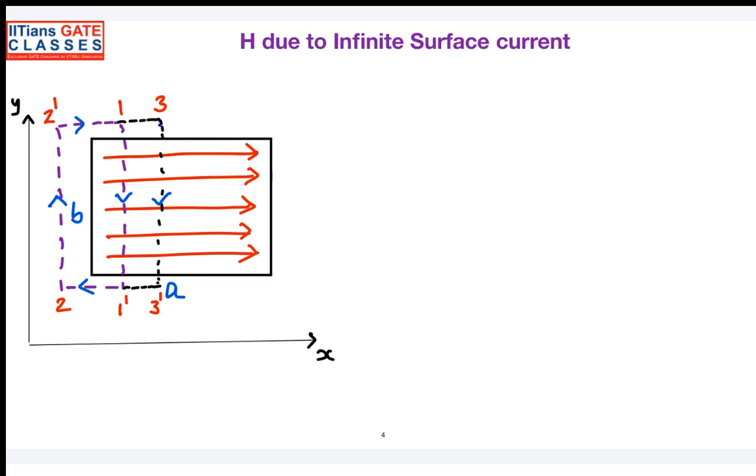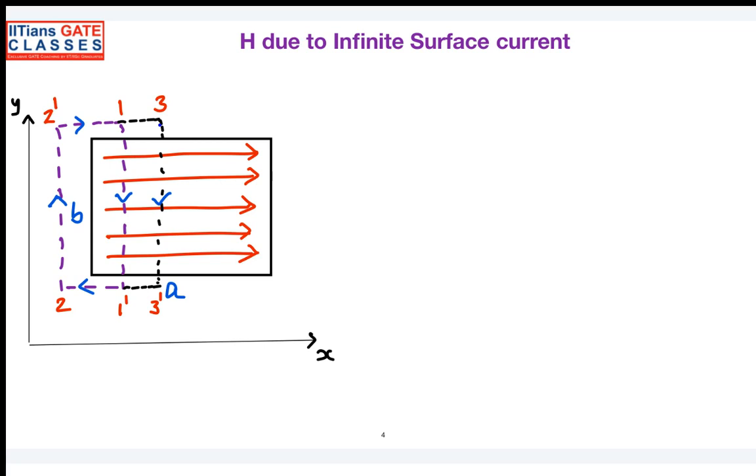Since the surface current is located along the x direction, the magnetic field will not lie in the x direction, because the magnetic field is always perpendicular to the current direction. So in this sheet, there is no component of magnetic field in the x direction.